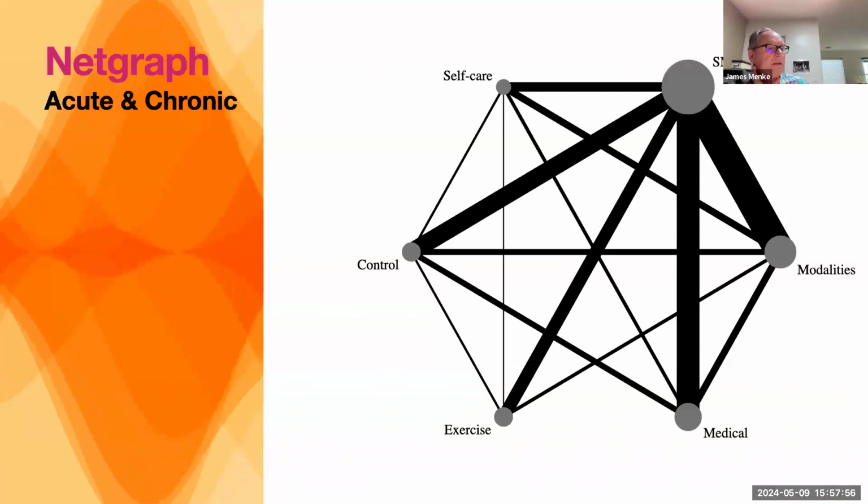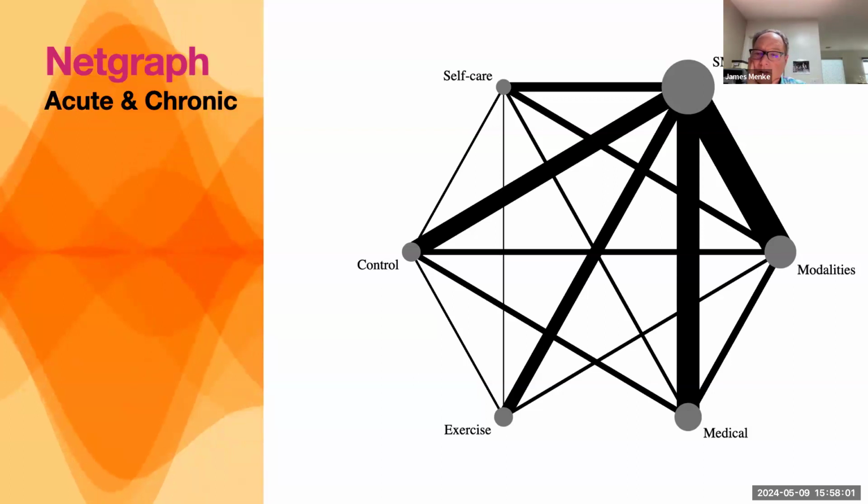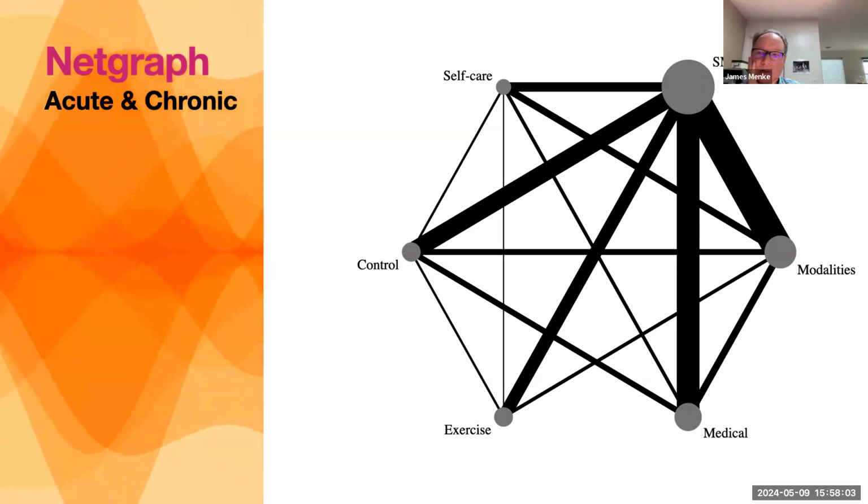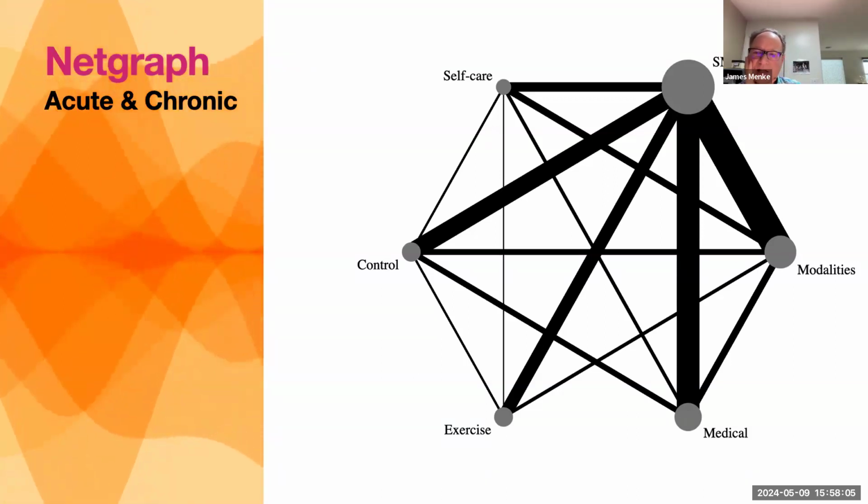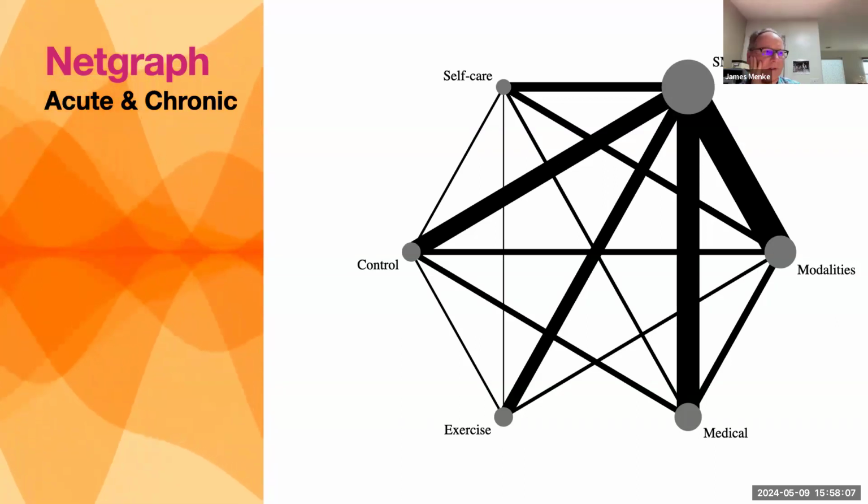And then last week I showed a net graph that was pretty thin, because it was only 5 studies and 7 treatments, or vice versa, I forget which.